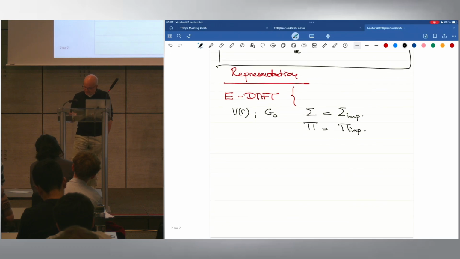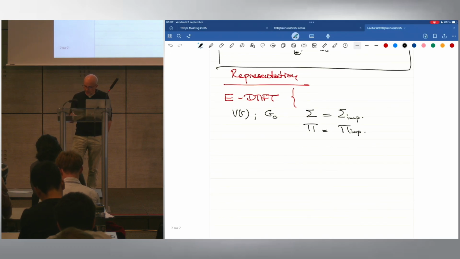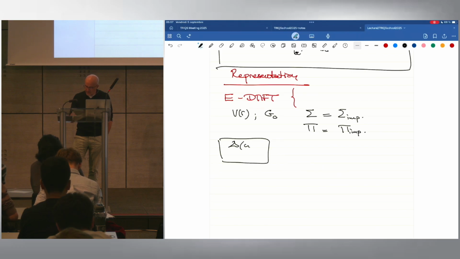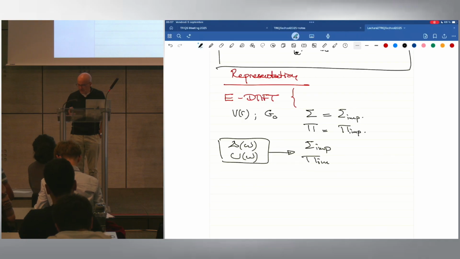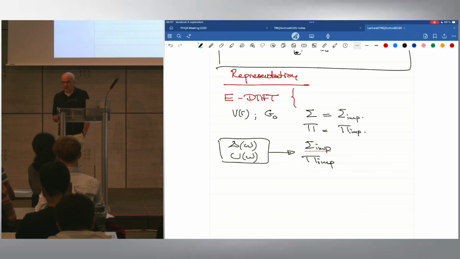This means that I solve my impurity problem, which is now involving delta of omega and U of omega. I compute the self-energy sigma impurity and the irreducible polarization of the impurity problem, pi impurity. How do I do this?